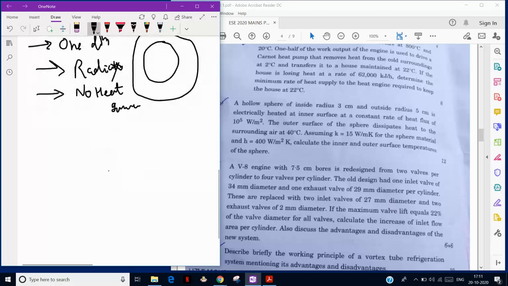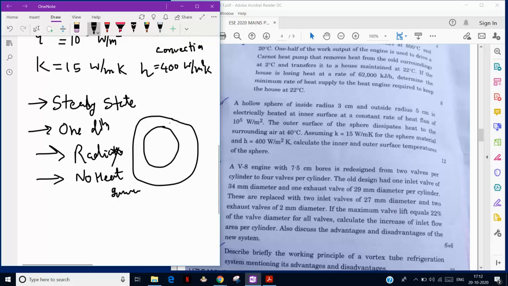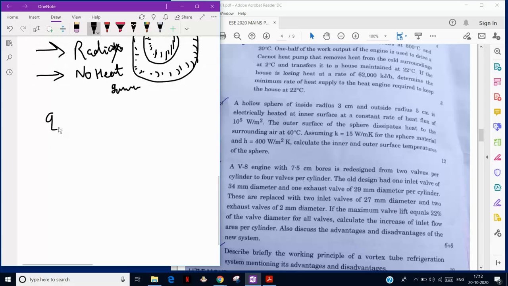So whatever heat flux is supplied on the inner surface, the same amount of heat flux will be at the outer surface, and this heat flux is the same as the heat loss by convection.